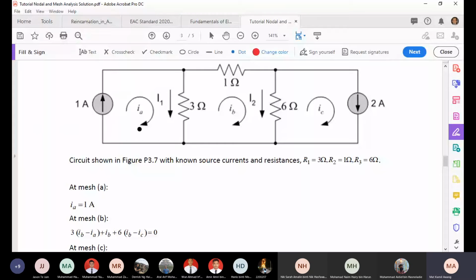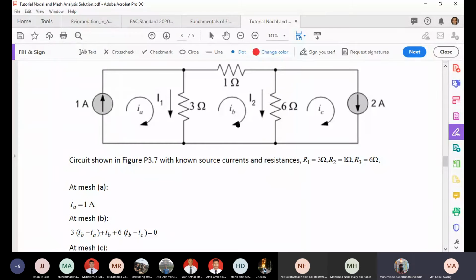We don't use I1, I2, I3 because what we need to find is I1, which in this case is IA minus IB. Can you see? I1 is IA minus IB. So IA is 1 amp here. Mesh 1: IA is 1 amp.